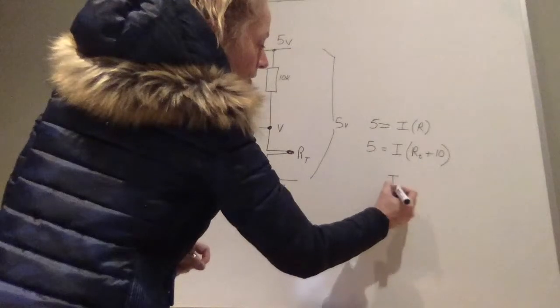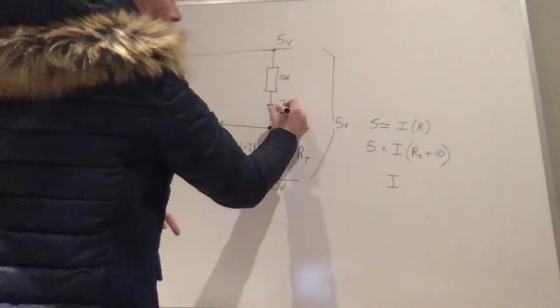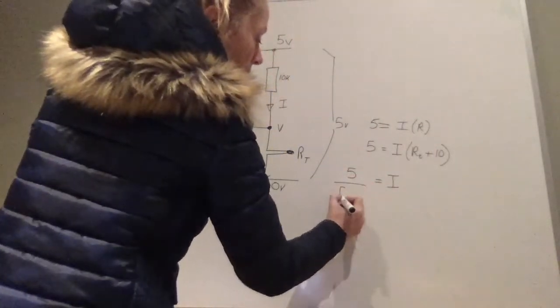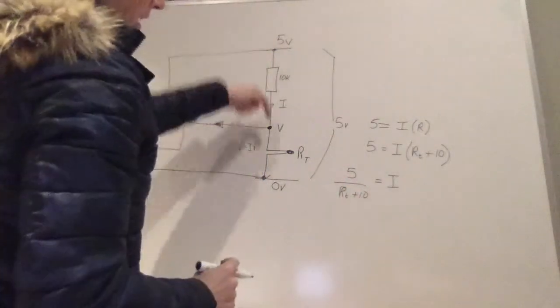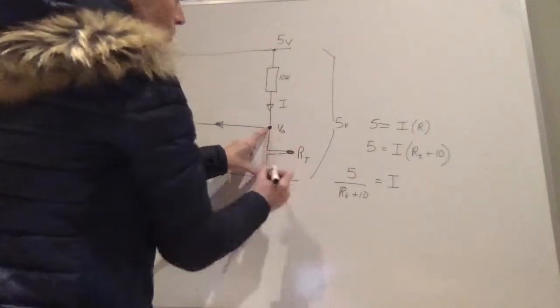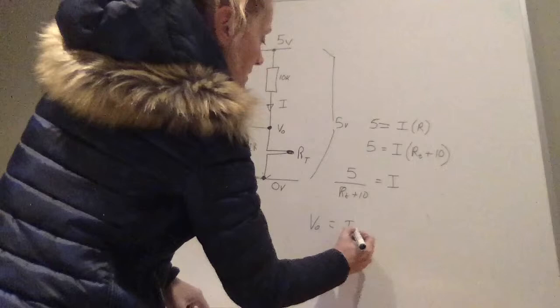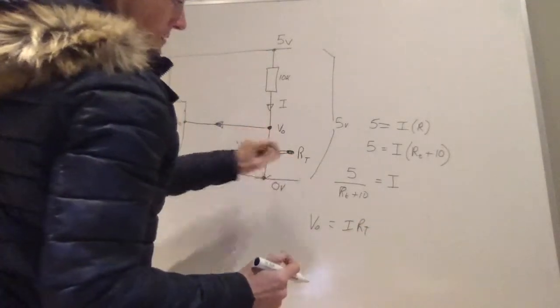So our current that's flowing through this entire thing, I, is equal to 5 divided by RT plus 10. Now if that's the I, then the voltage here, VO, is equal to I times RT, current times this resistance.